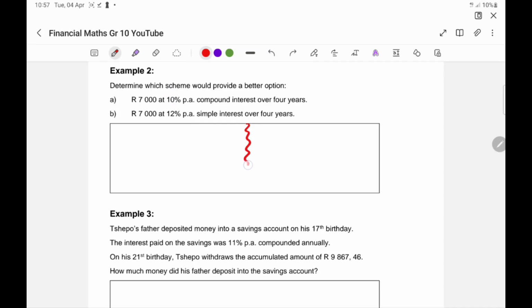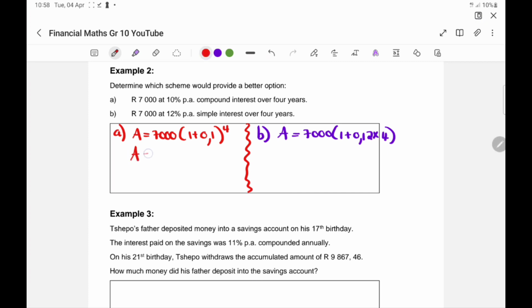Okay, so I'm going to break it up in two. A is compound interest. A is equal to 7,000 times 1 plus 0,1, all raised to the power of 4. Number B, it's simple interest. So 7,000 times 1 plus 0,12 times 4.